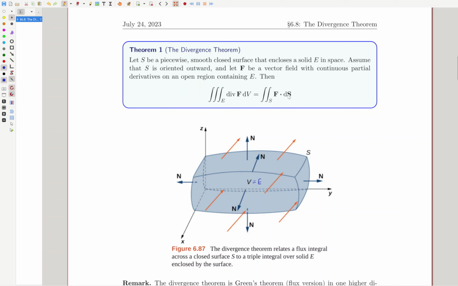One additional comment I need to make is about the assumptions involved with the divergence theorem. Orientation does matter for this.